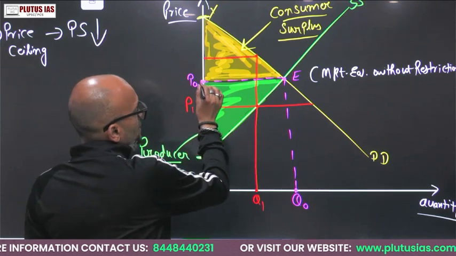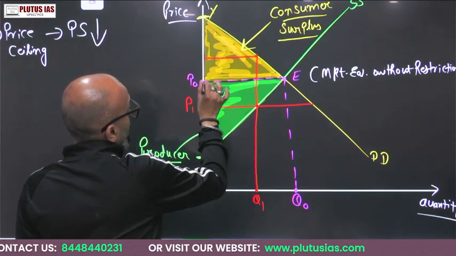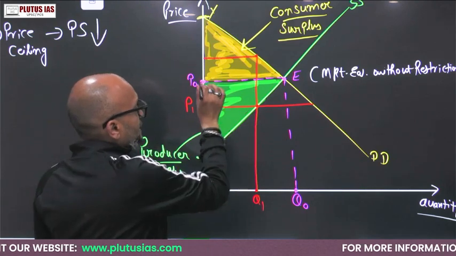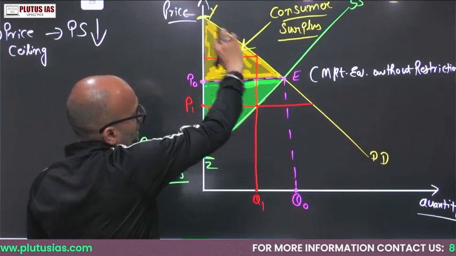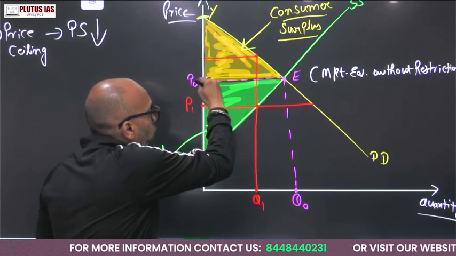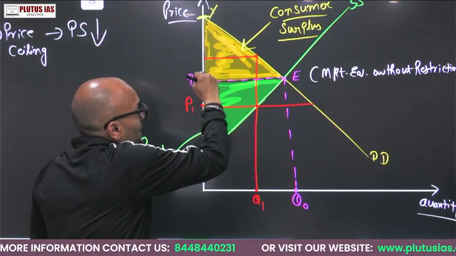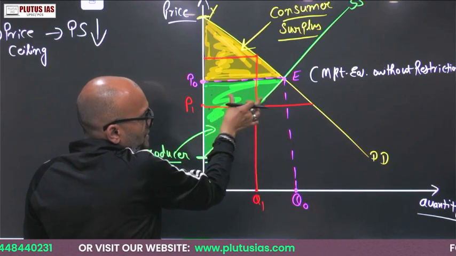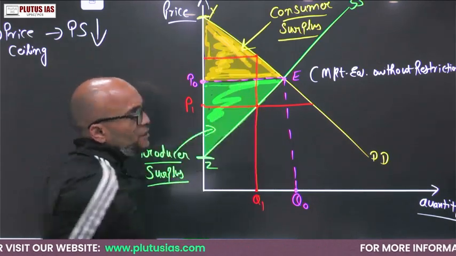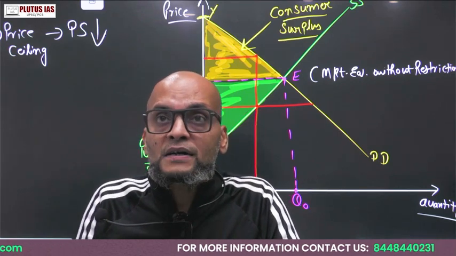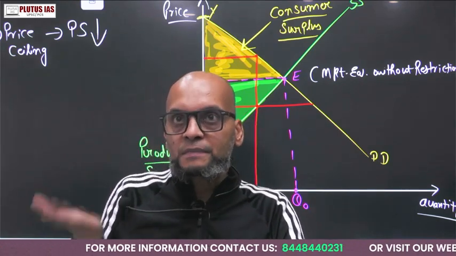Because consumers were expecting how much price? They were expecting this Y price, then they were getting this P naught price. So this much yellow shaded area was consumer surplus, yes or no? But now they are required to pay even lower price. So this green region and this yellow region, the addition of it will be consumer surplus. So sir, consumer surplus will increase.